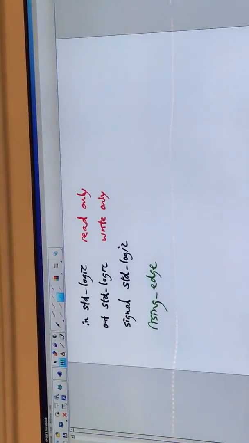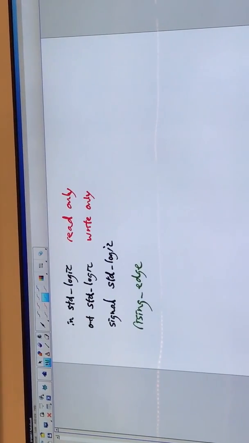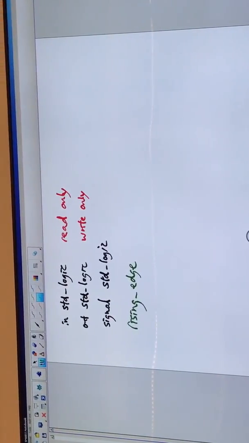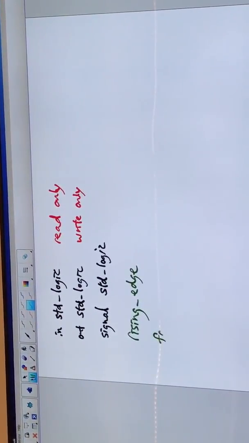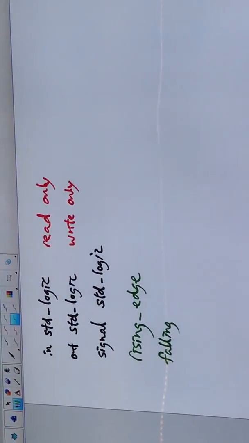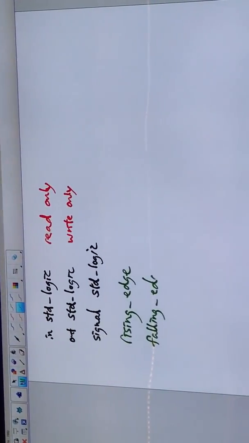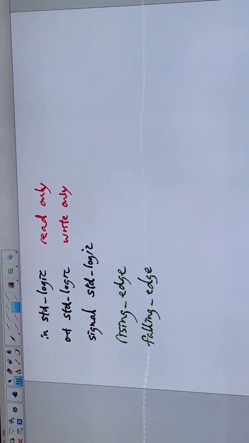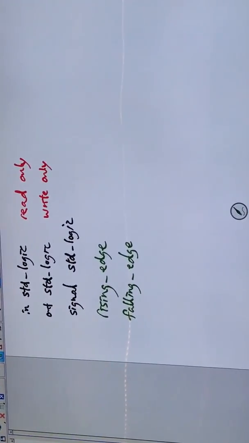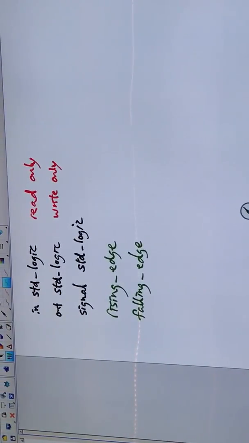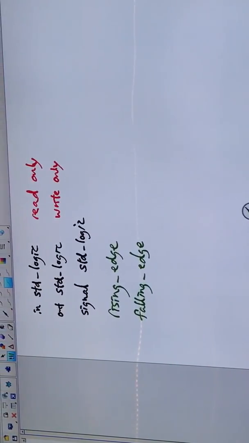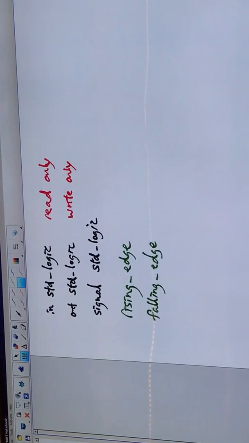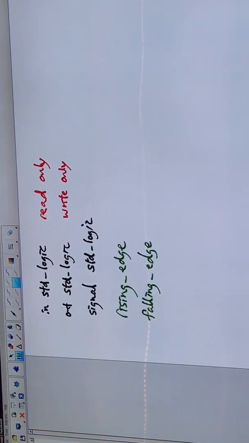rising edge. So this is a keyword. Opposite will be falling edge. Okay. So if you pass a check rising edge, that means this is a clock that will drive the flip-flop to respond on the rising edge.